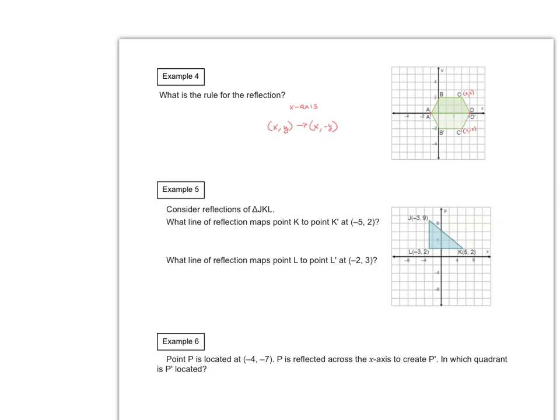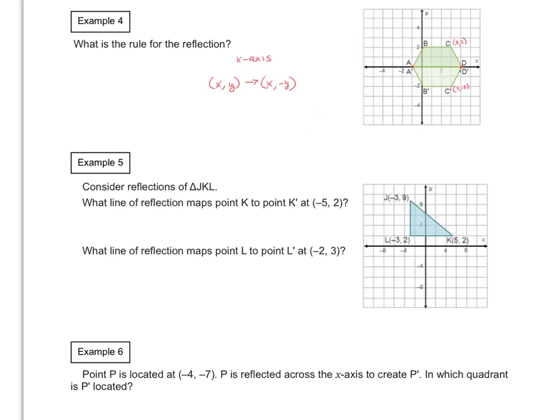Consider number 5 here, the reflections of triangle JKL. What line of reflection maps K to point K prime at -5, 2?